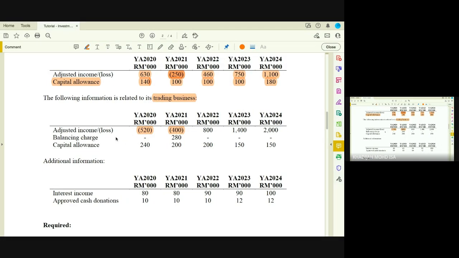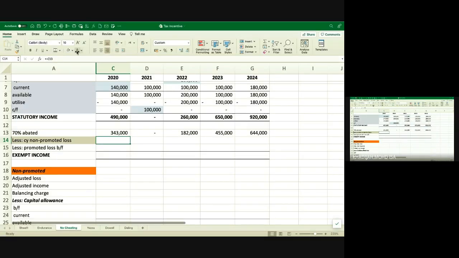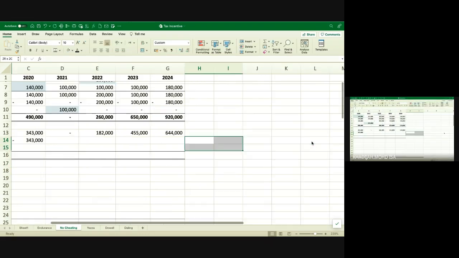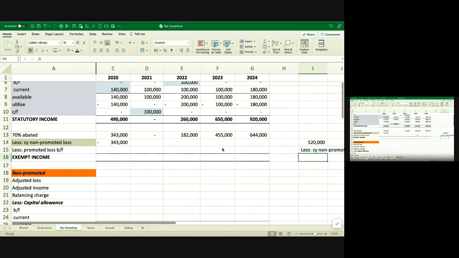It means that you don't have to use all the 520 losses, but you only use how much? 343,000. So how much is the loss available? You have initially 520. Can you see? You have 520, and then you use 343.